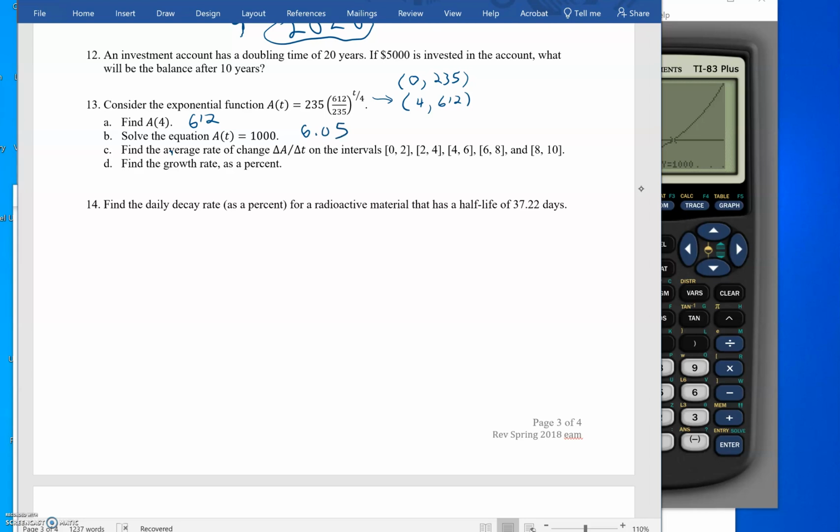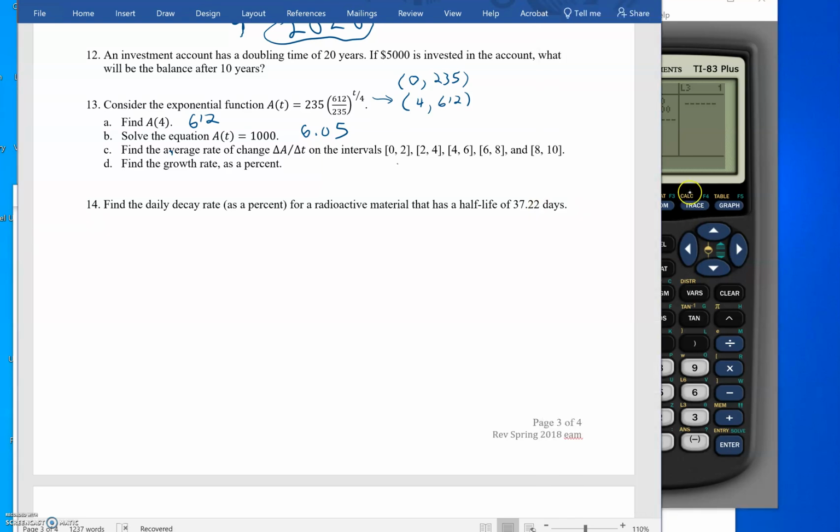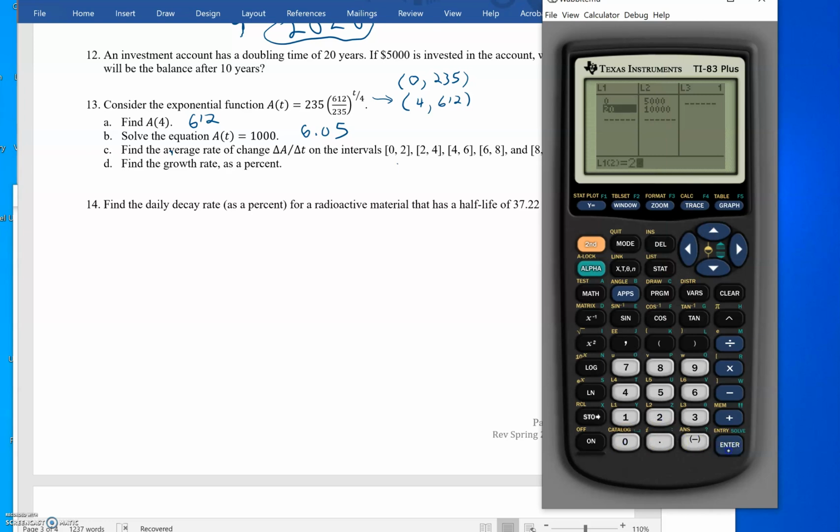Okay, what about the average rate of change on these given intervals? So this is definitely something that I would do in the stat editor. I have to first enter these x values, right? So 0 up to 10. Let's enter all these x values: 0, 2, 4, 6, 8, 10. And then my second column is going to be y1 of L1. And so that's the function evaluated at all those inputs.